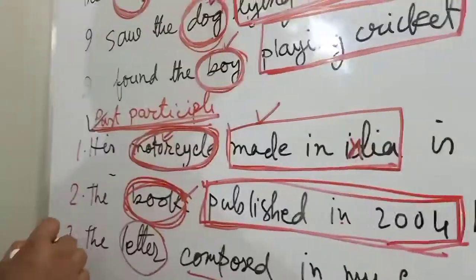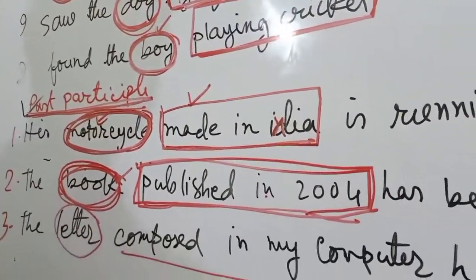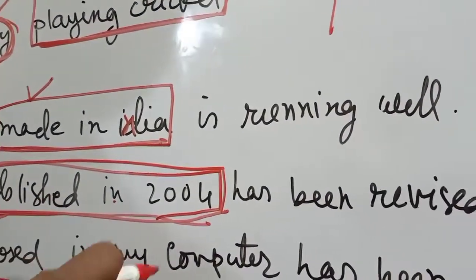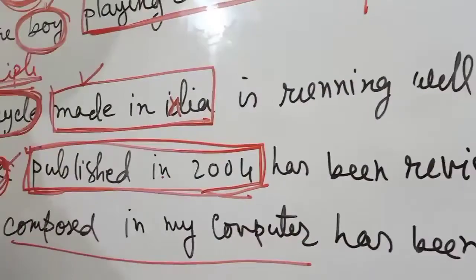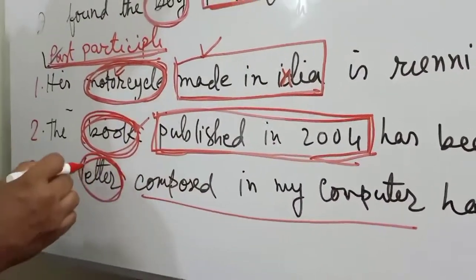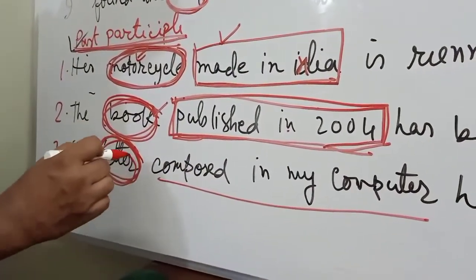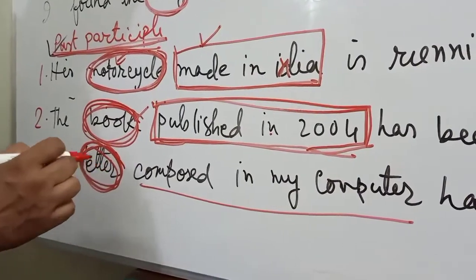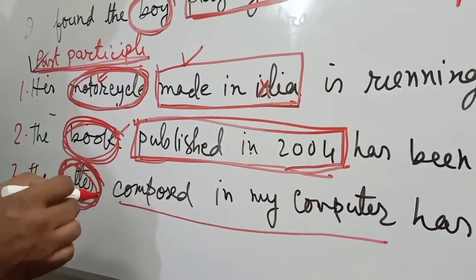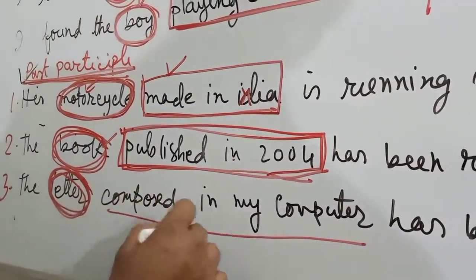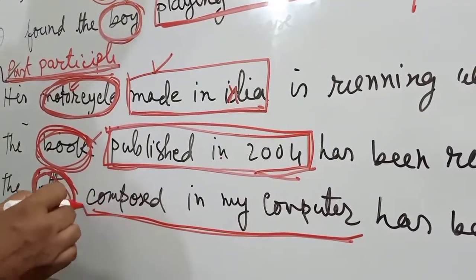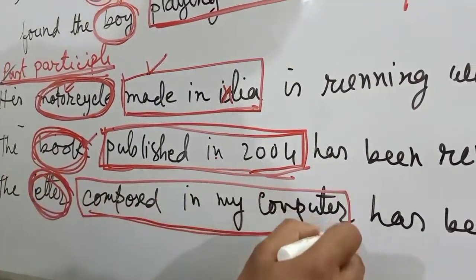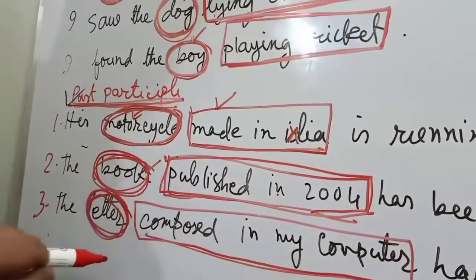In example 3, the letter composed in my computer has been posted. Which letter? The letter is the word to be modified. Which letter? That was composed in my computer. This "composed in my computer" is a past participle phrase.